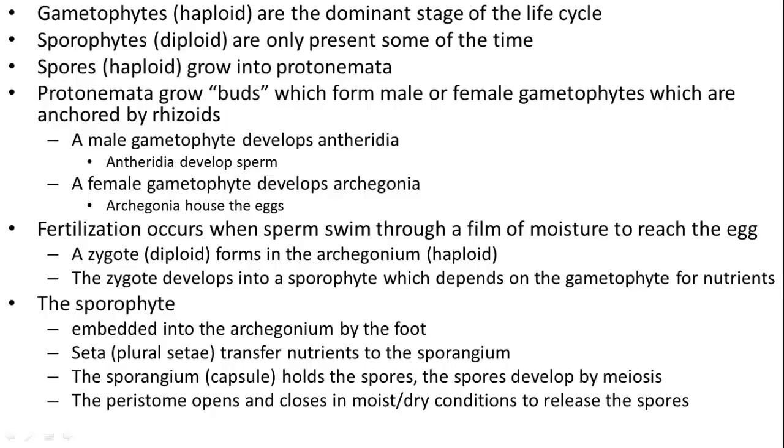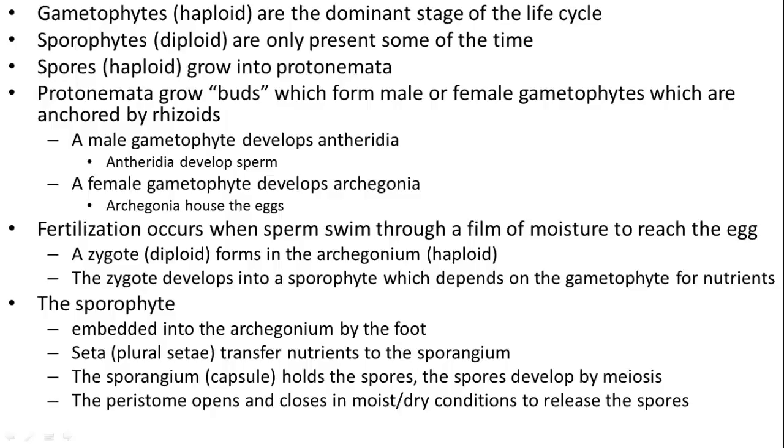The male gametophyte develops antheridia, which are the structures that develop sperm. And then the female gametophyte develops archegonia, which houses the eggs.